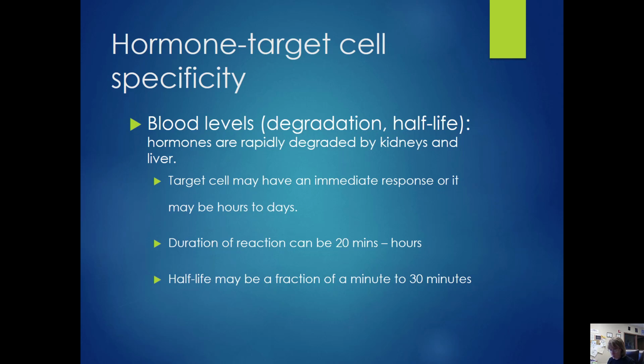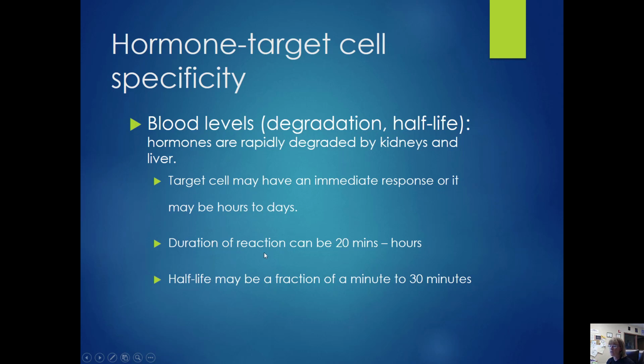Now, another thing that's going to affect whether or not the target cells will do their job is how many hormones you have, and how long they're going to stay there. Hormones have a half-life that your book talks about. How long does it take for half of the material to be degraded by the kidneys and the liver? The target cell also may have an immediate response to it, or maybe hours or days, depending on what is the blood level of the hormone.